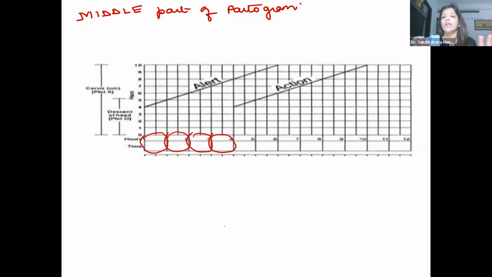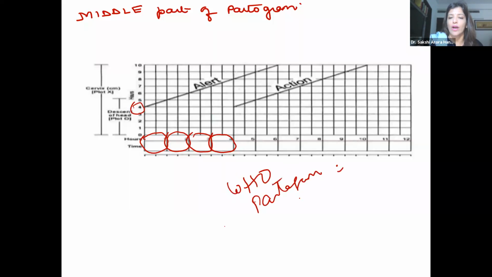You are not going to plot latent phase. Your markings begin from 4 centimeters dilatation, right? So according to WHO or according to partogram, just now also I told you that active phase begins at 4 centimeters dilatation. So you are going to mark only the active phase.